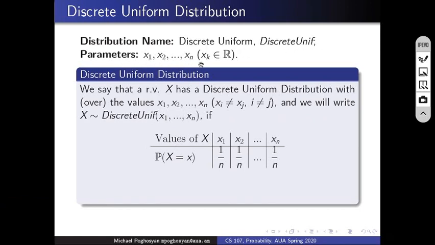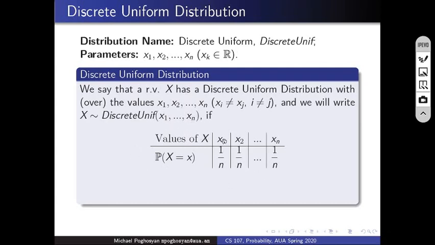We have n parameters here, x1, x2, ..., xn, some points in R. We say that our random variable has a discrete uniform distribution over these values if it is given through this PMF.